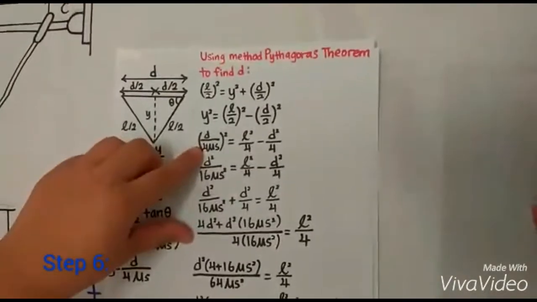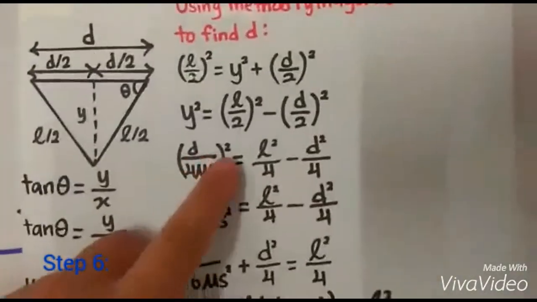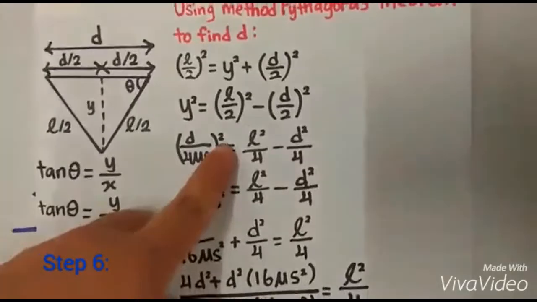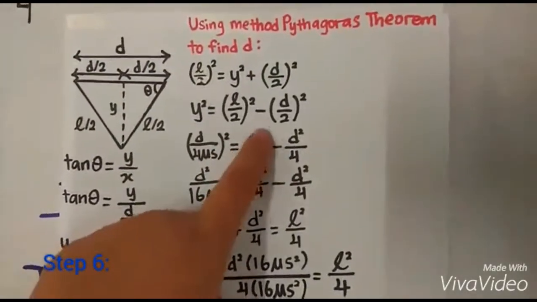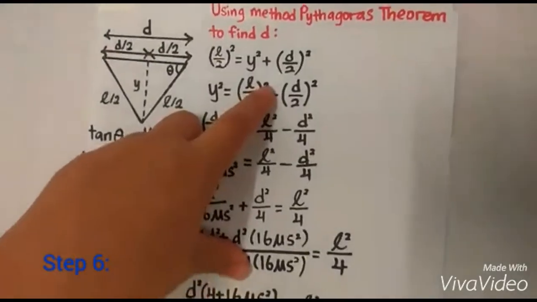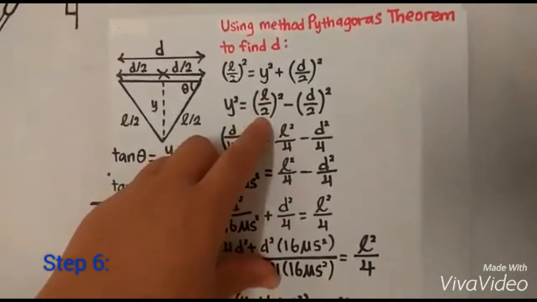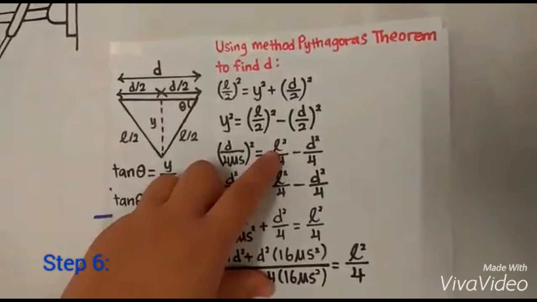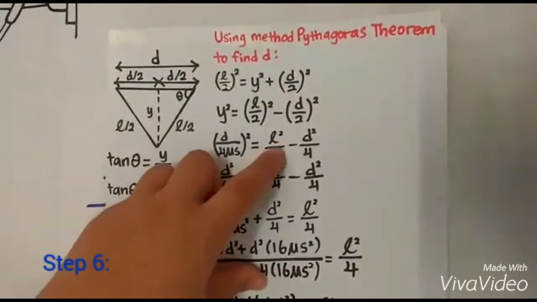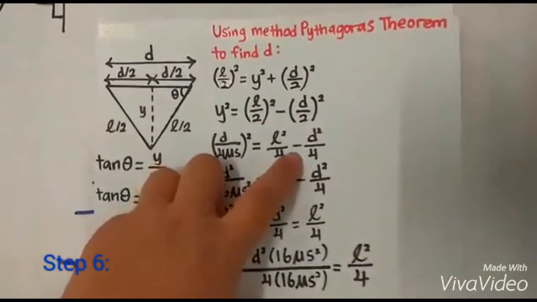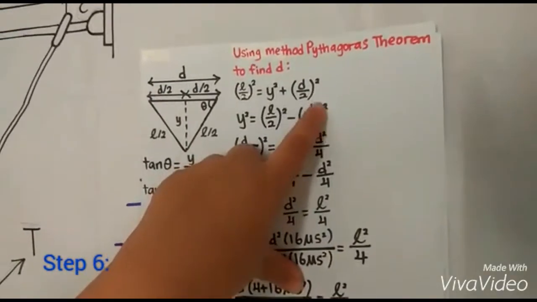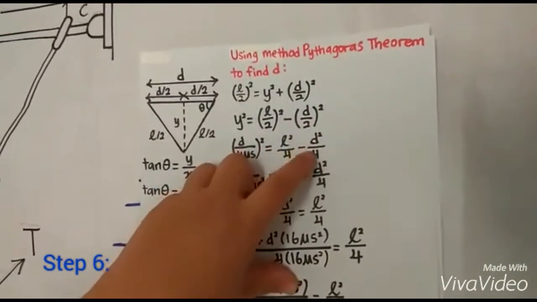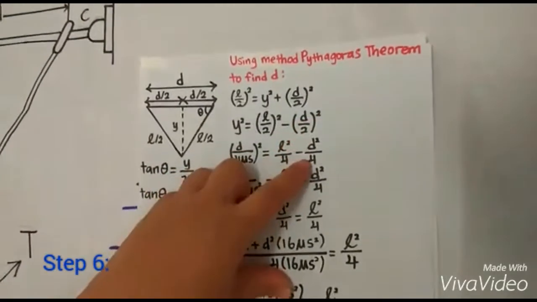Substituting inside, this one 2, just write it out 2, then here we just write L, because the square we must multiply inside, so it becomes L square divided by 4. This one is also the same, just write minus, and then this one we also need to multiply inside, so it becomes d square, and this 2 times 2 becomes 4.